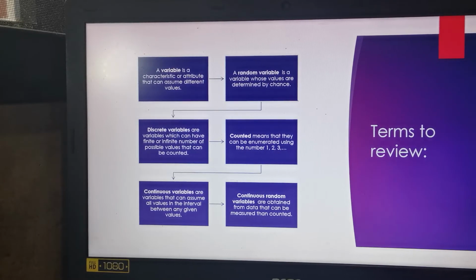Okay, discrete variables are variables which can have a finite or infinite number of possible values that can be counted. If we say counted, they can be enumerated using the numbers 1, 2, and 3.